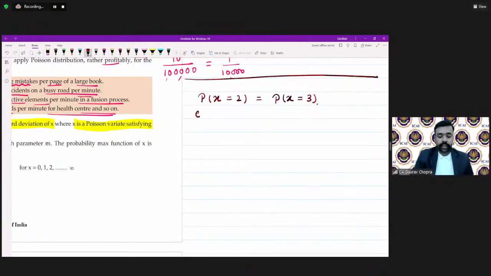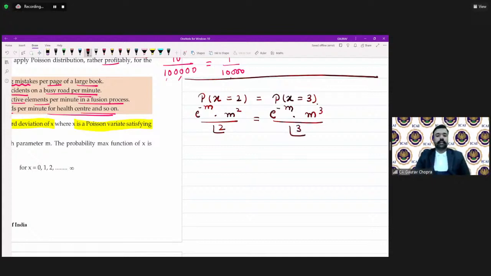M is not given, so we are writing m as it is. M to the power of x. X is 2 divided by factorial x, so factorial 2. On opposite side, e to the power of minus m. Again, m to the power of 3, this time x is 3, divided by factorial 3.